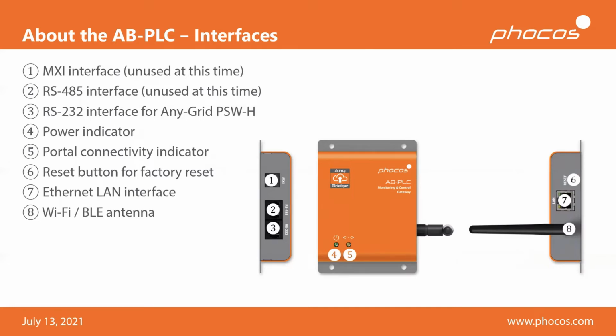Now, looking further at some of the wired interfaces as well. Starting from the top of the list, we have the MXI interface, which is number 1 here. This isn't currently used at the moment, but connectors 1 and 2 are more for future proofing, to make sure that in the future we have the ability to talk to new and upcoming devices, and that we can therefore offer a broad range of compatibility in terms of which power devices can interface with the AB-PLC.